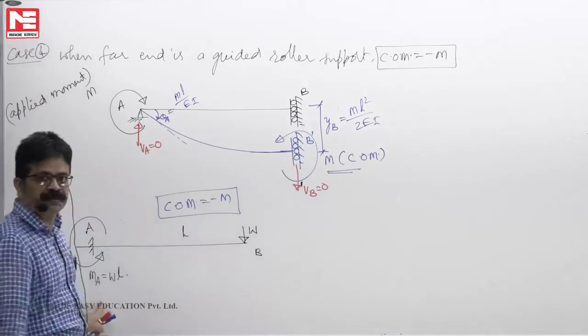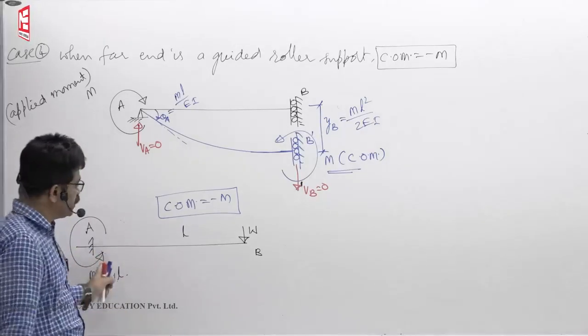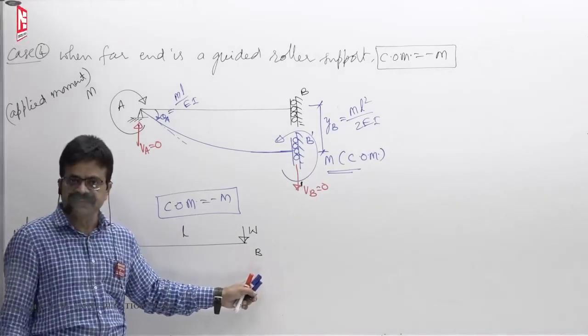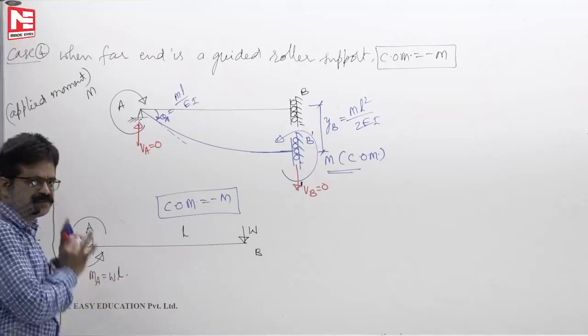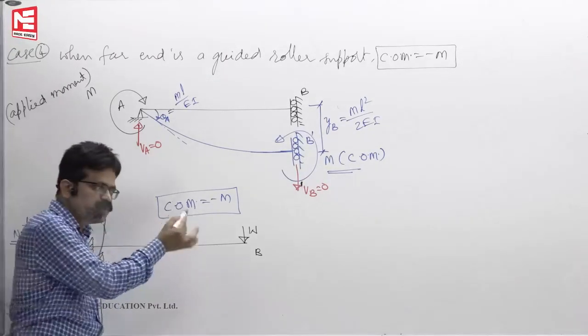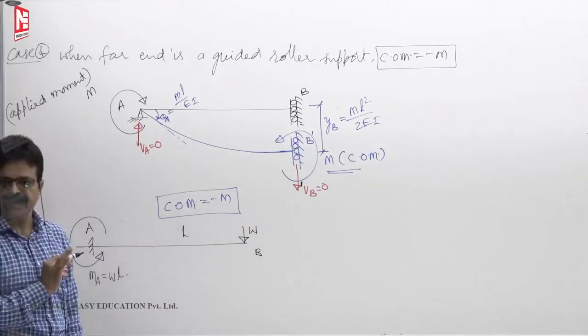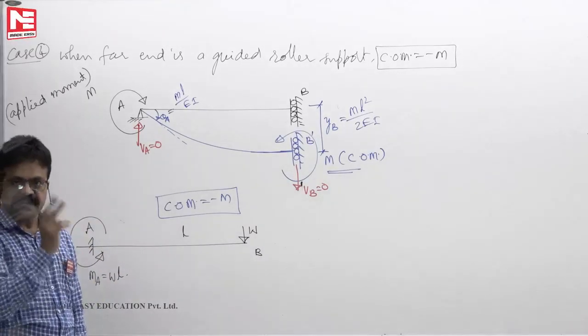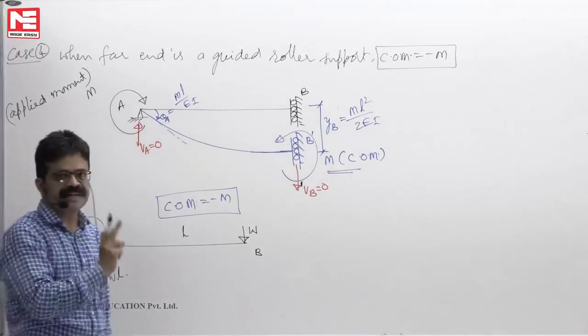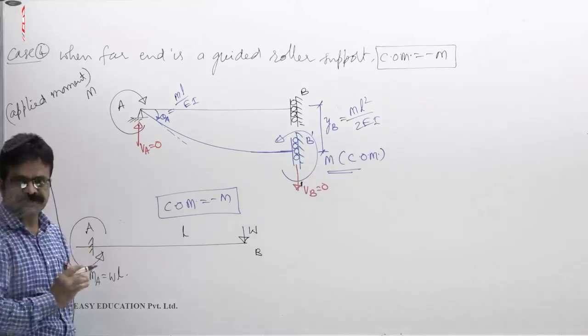But this reacting moment you cannot call it as COM because this is not developed because of any moment here. It is simply a reacting moment, that's all. If at all that reacting moment is due to applied moment, then it has a special name called carryover moment. That means all carryover moments are reacting moments, but all reacting moments are not COM.